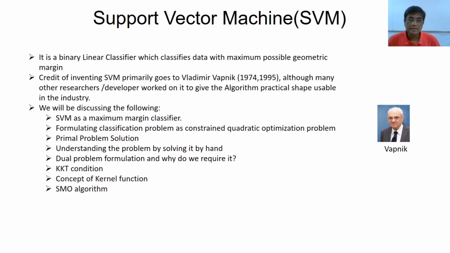So he introduced the concept, and again in 1995 he demonstrated it after migrating from Russia to the United States. He worked at AT&T Bell Laboratories, and during that period the US Postal Service was trying to automate their mail sorting process.